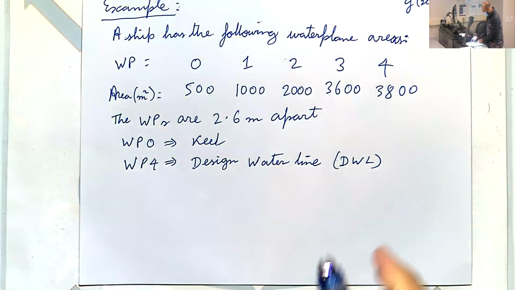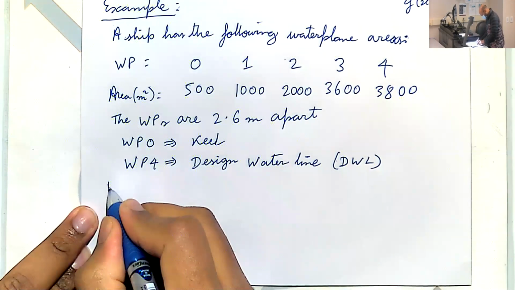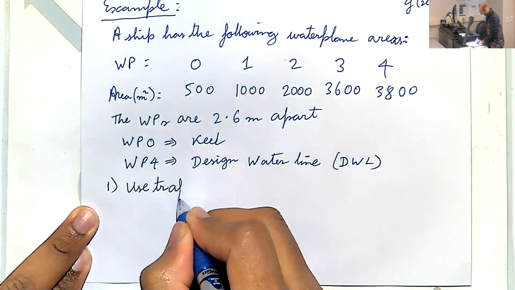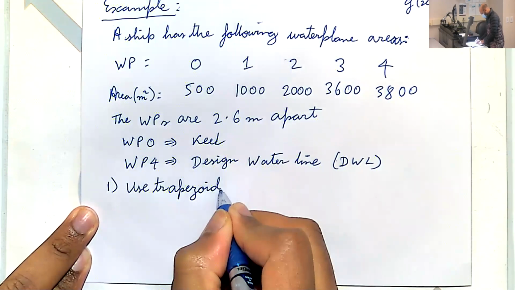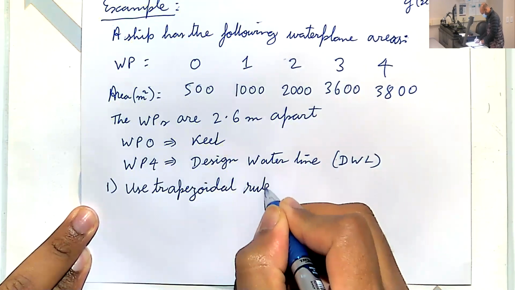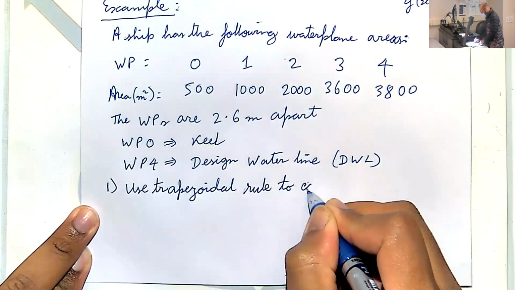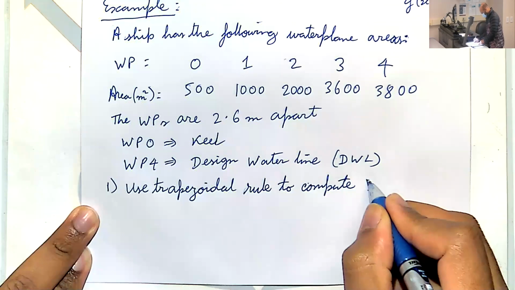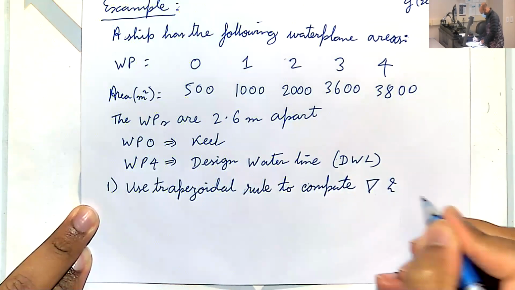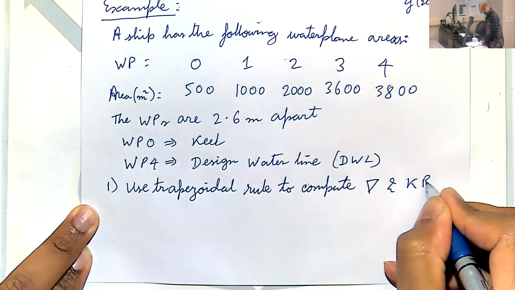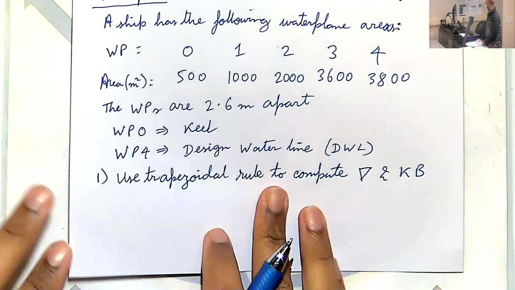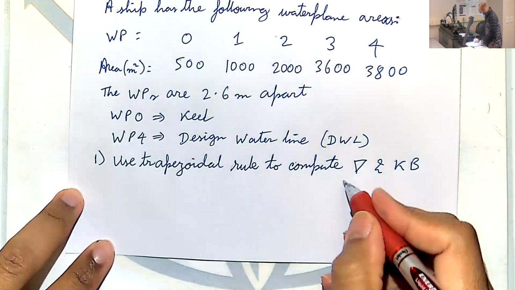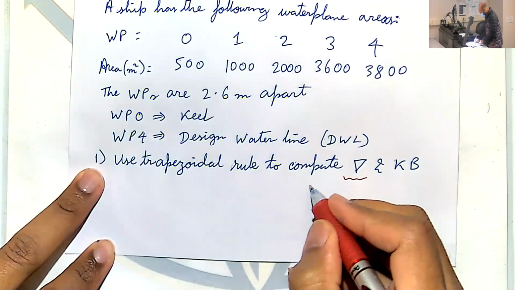Okay, and with this data, we are told to, 1, use trapezoidal rule. Nabla, if you remember, this is the submerged volume.